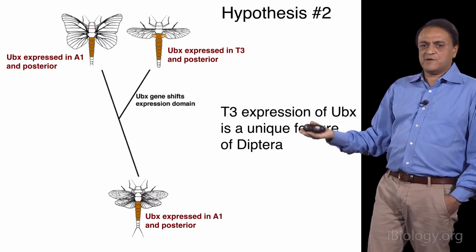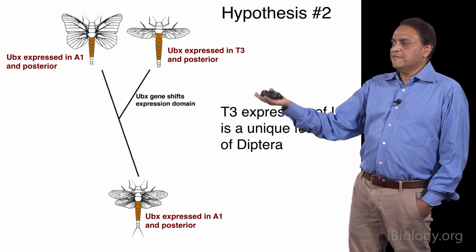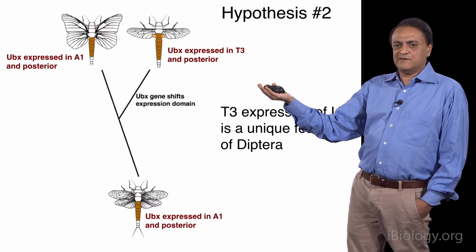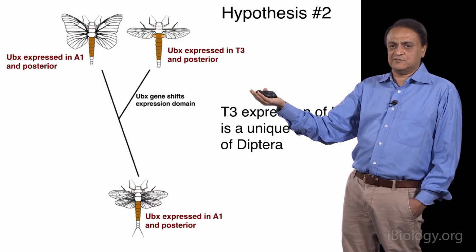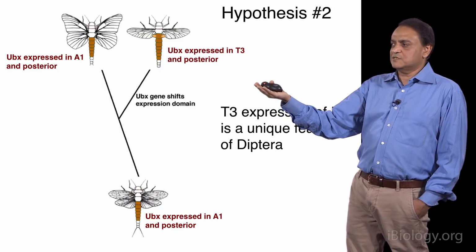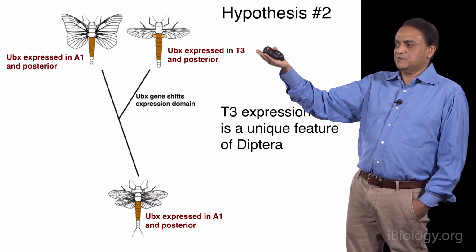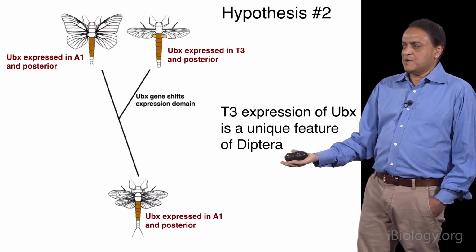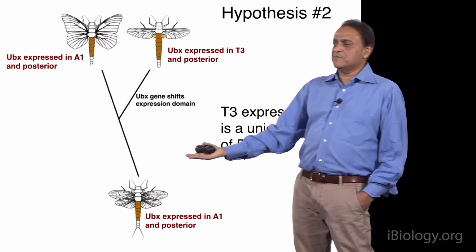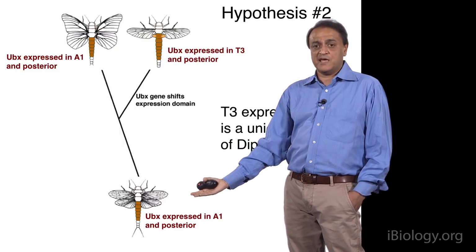A very attractive hypothesis, though, is that in fact, that four-winged mutant of flies was actually telling you something about the kinds of regulatory changes that might have occurred. So in this scenario, again, in flies, we know the data that UBX is expressed from T3 on back. But in this hypothesis, what we would say is that in the common ancestor, it was actually expressed just from A1 back.